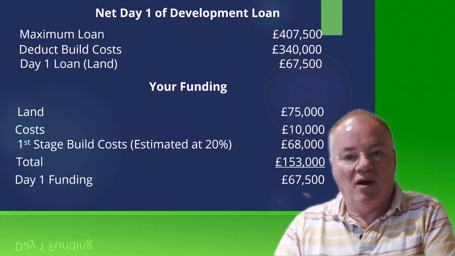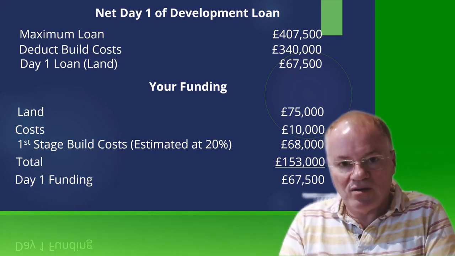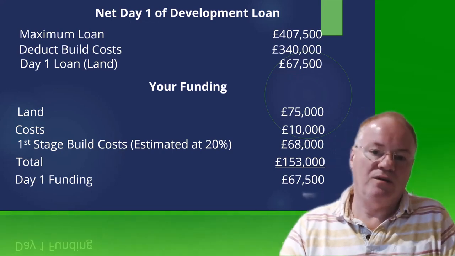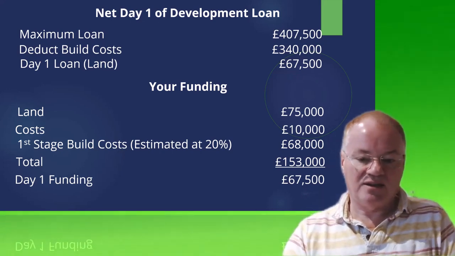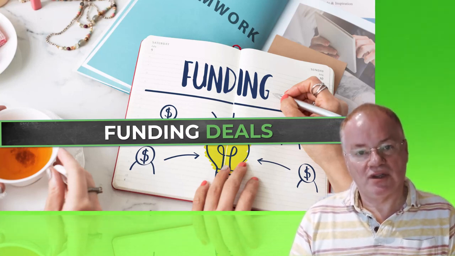Then once the surveyor has come out and verified you've completed that first stage, then you will be released the funds on that. So that's a brief overview of funding from traditional lenders.